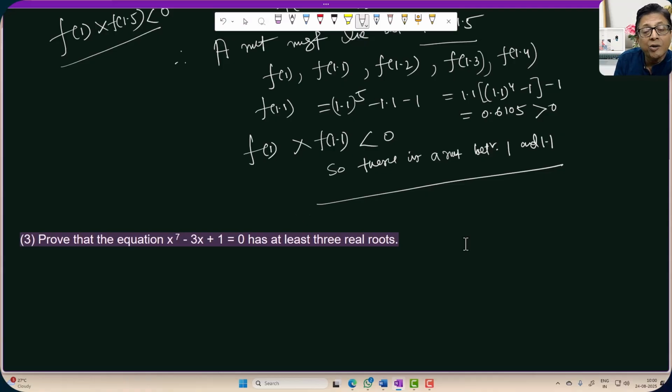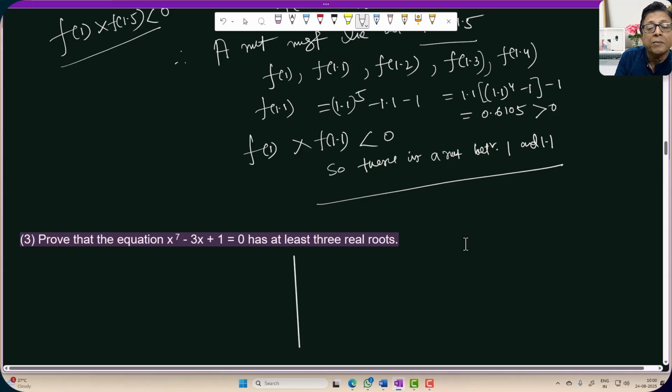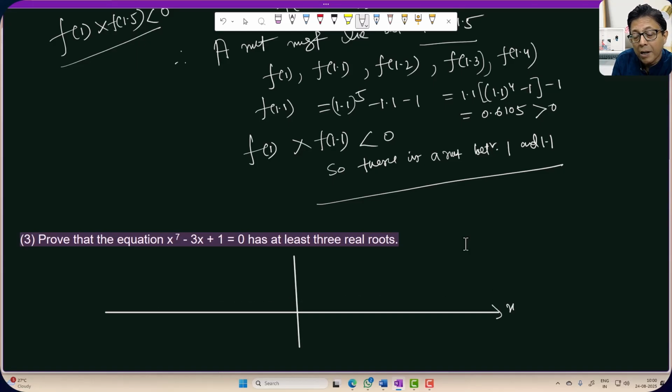But here, with the theorem we have learned, if f(0) is 1, greater than 0, and f(1) is 1 minus 3 plus 1 minus 1, less than 0, so there is a root between 0 and 1, isn't it?